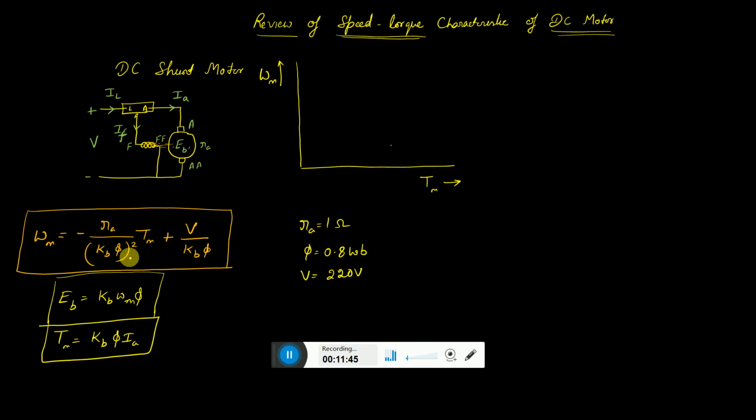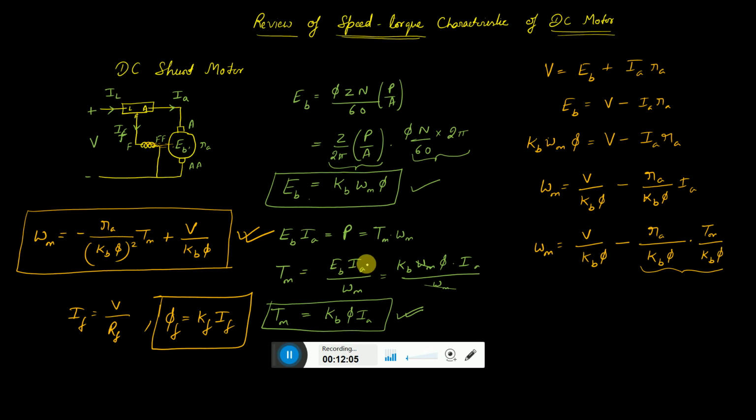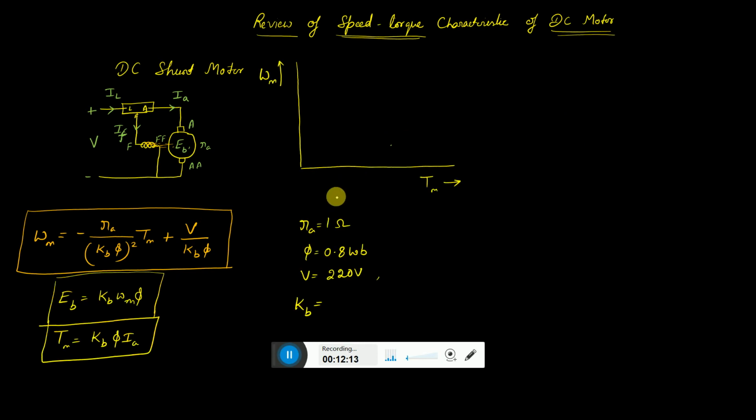Then you have KB. We can get KB from the constants, or for a moment when there is no loss, EB maximum value is V, so we can evaluate KB from there. KB is a constant term, Z into P by A divided by 2 pi, so we get some value of KB here.